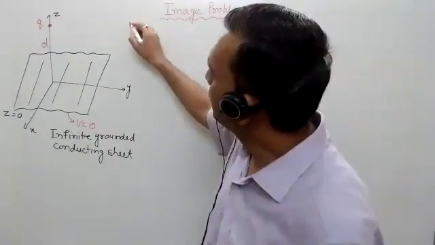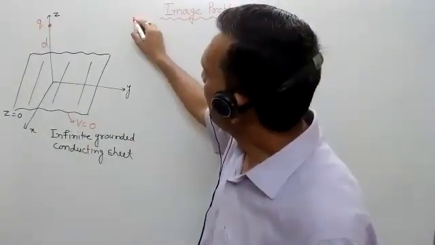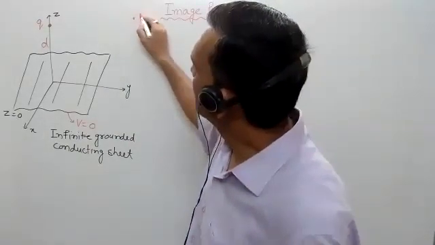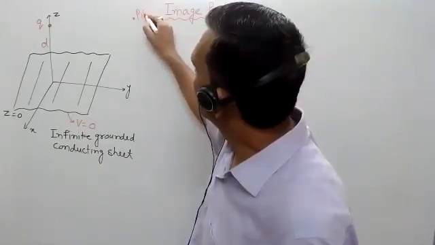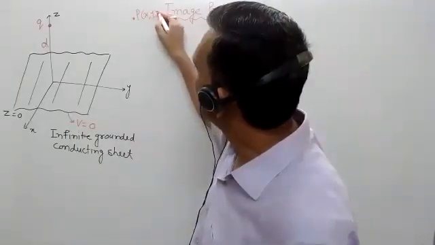And we have some point P above the sheet, x, y, z.